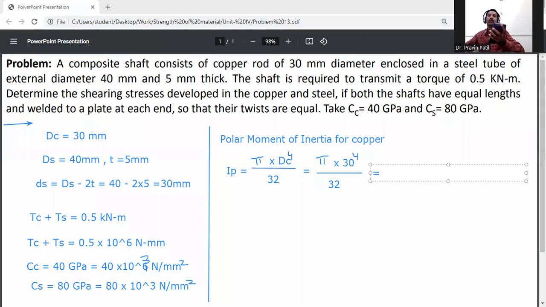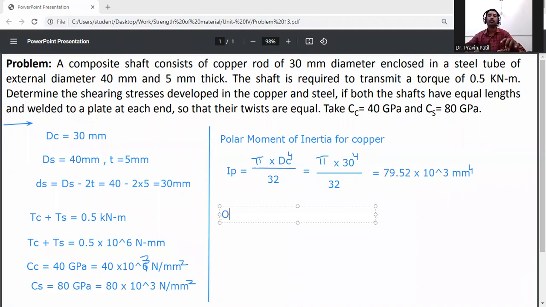So this will be 79.52 into 10 raised to the power 3 mm raised to 4. This is the polar moment of inertia for copper, which is solid. I will note down this value, 79.52 into 10 raised to the power 3.